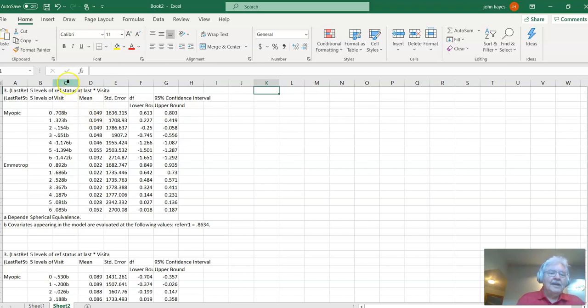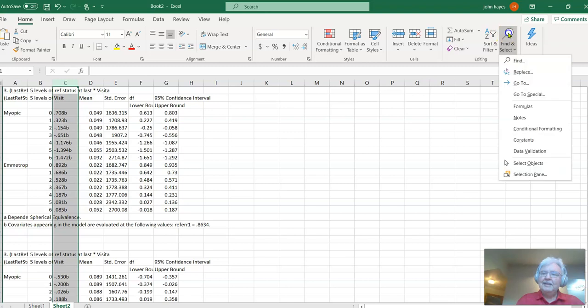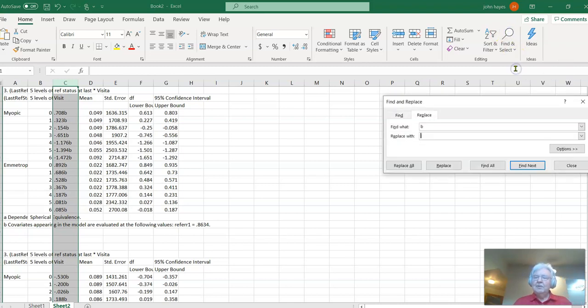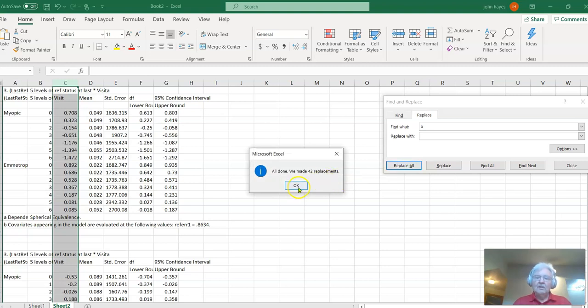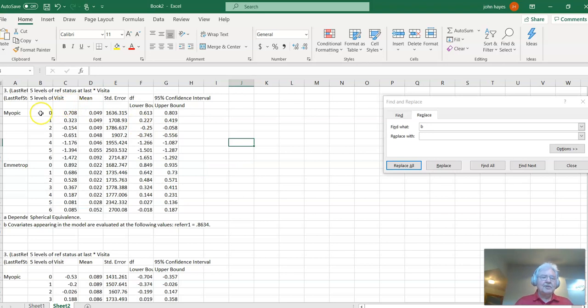Now, in this column, we have all these little B's. We need to get rid of them. Replace B, replace all. And now we have numbers. Numbers are nice. Okay.